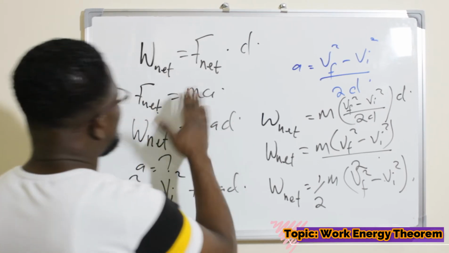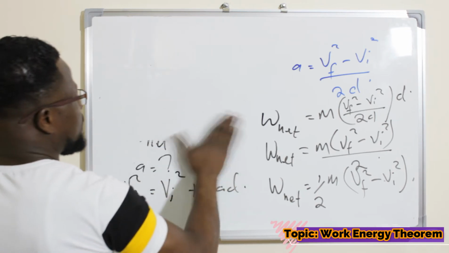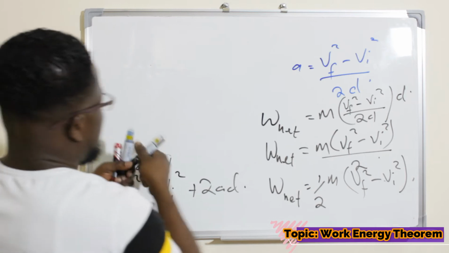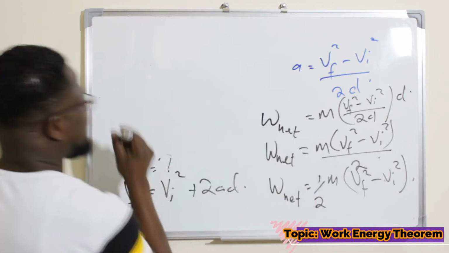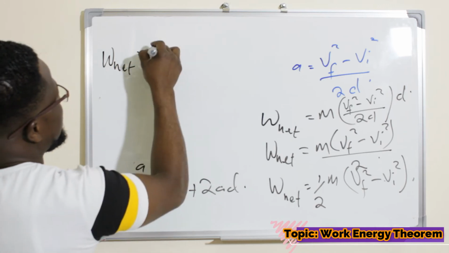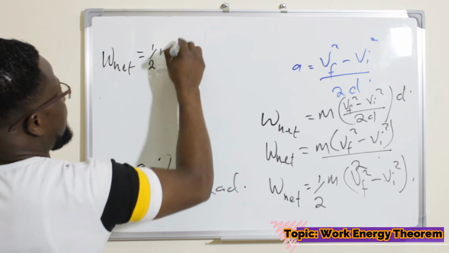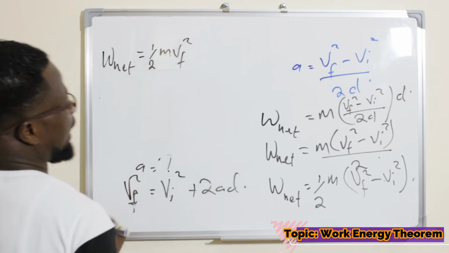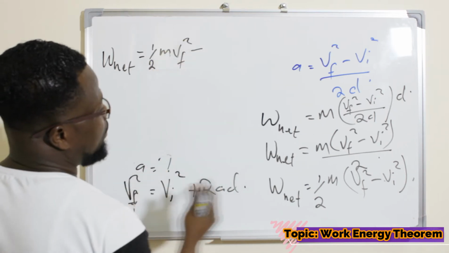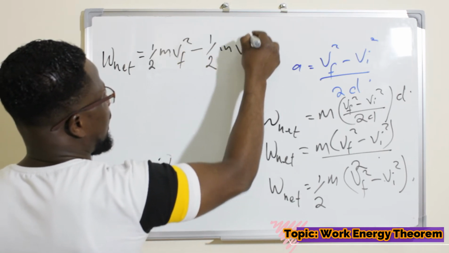Okay, I am going to clean the side. Okay, sorry. Now I can write this as W net is now equal to half m Vf squared minus half m Vi squared.